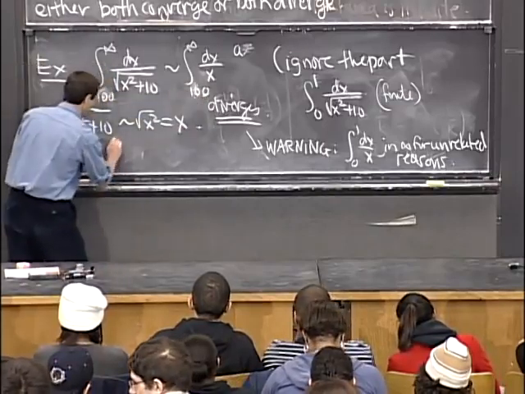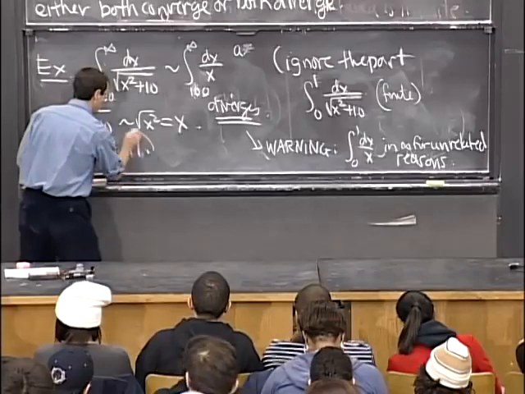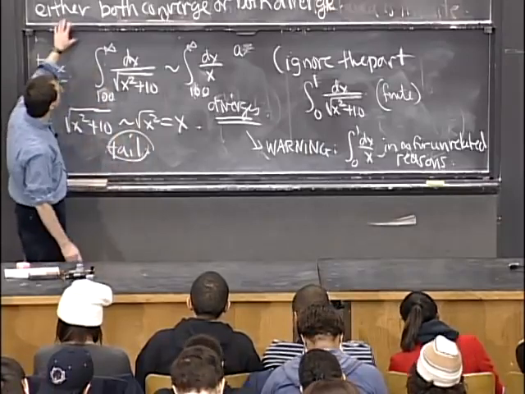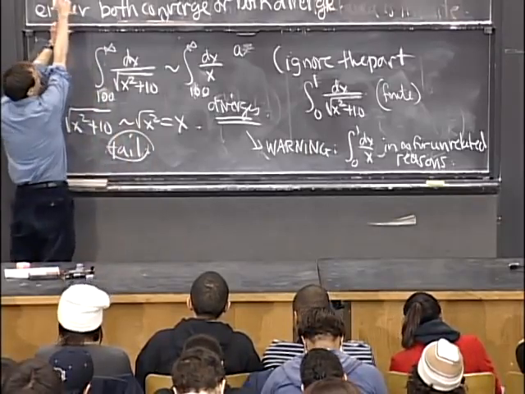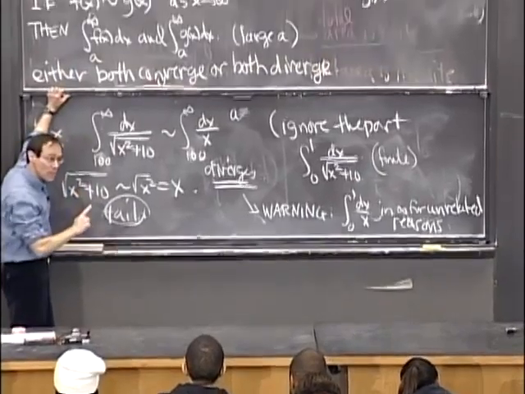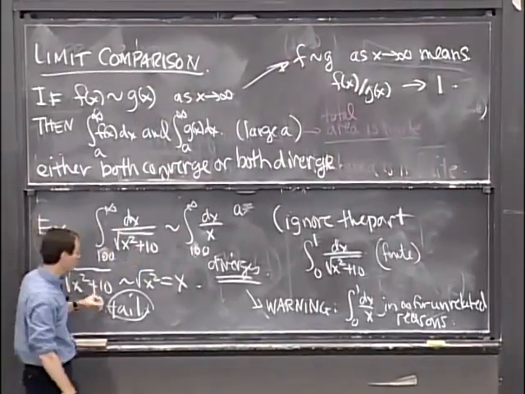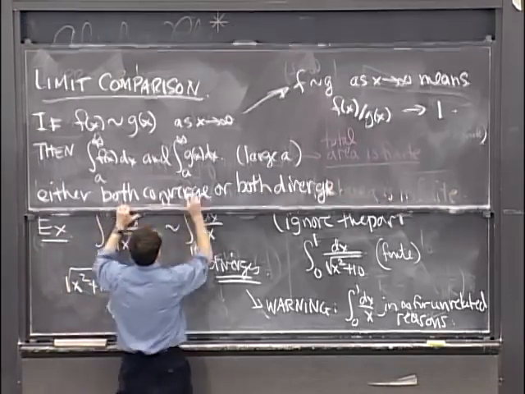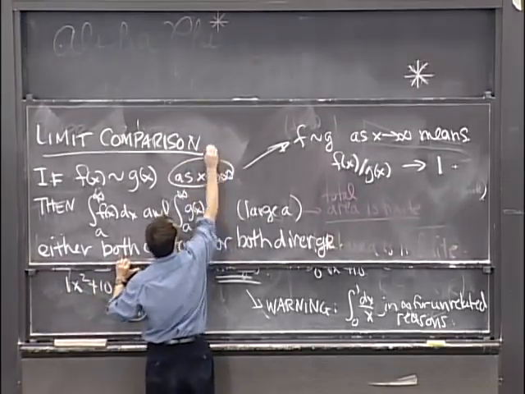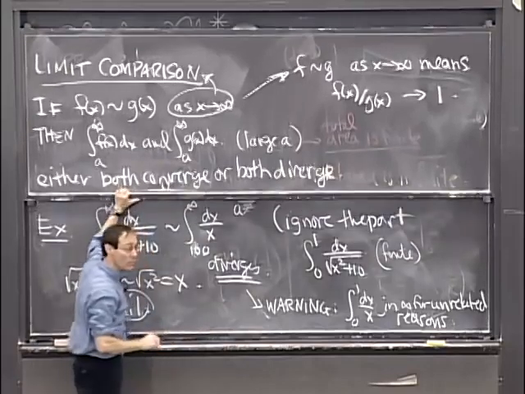All right? So this is a tail, and I also had a different name for it up top, emphasizing this, which is limit comparison. It's only what's happening at the very end of the picture that we're interested in. So again, this is as x goes to infinity. That's the limit we're talking about, the limiting behavior.